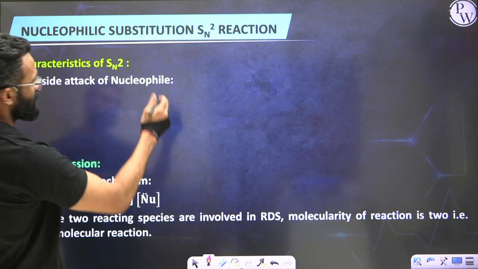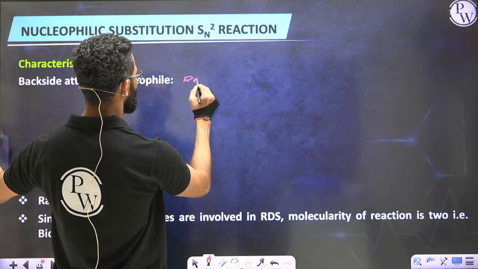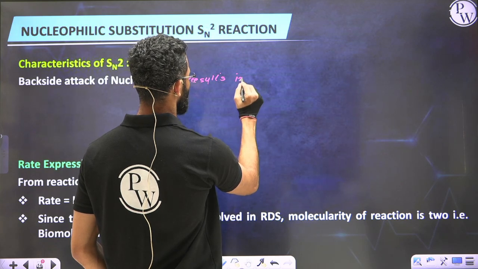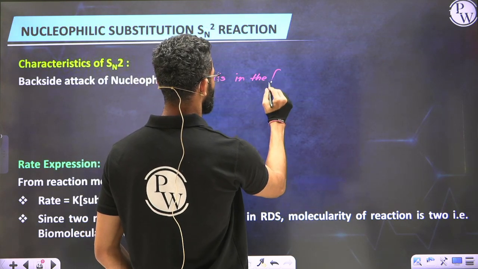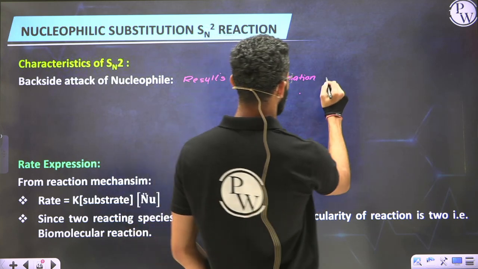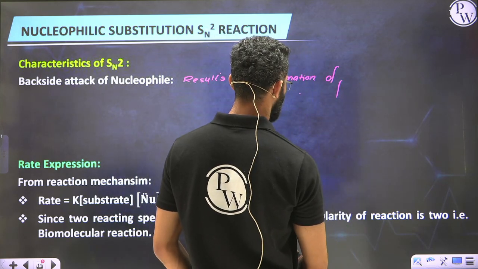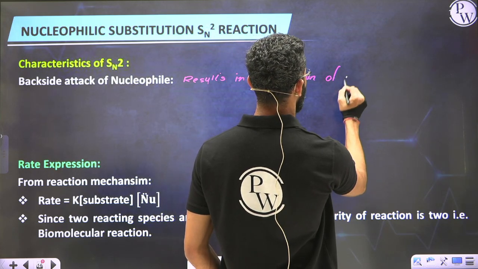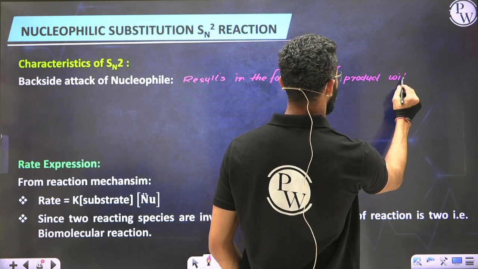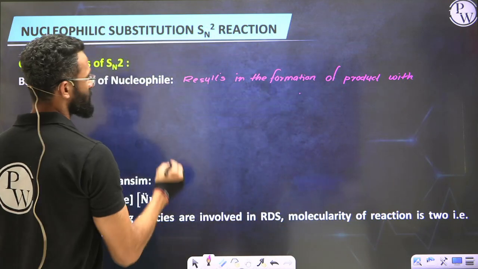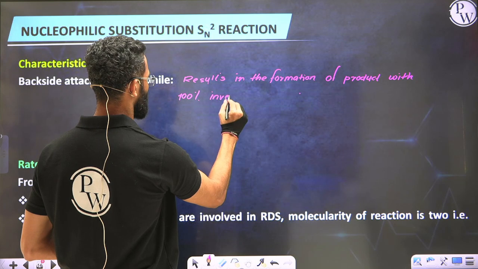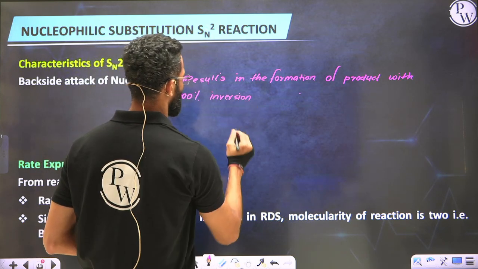Backside attack of a nucleophile results in the formation of product with 100% inversion, called Walden inversion.